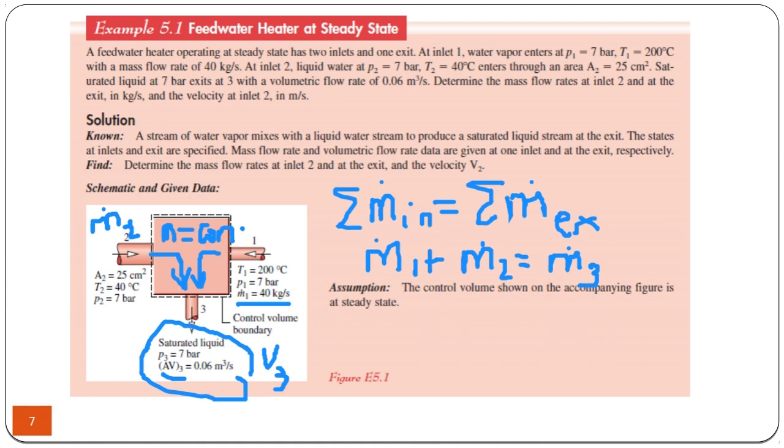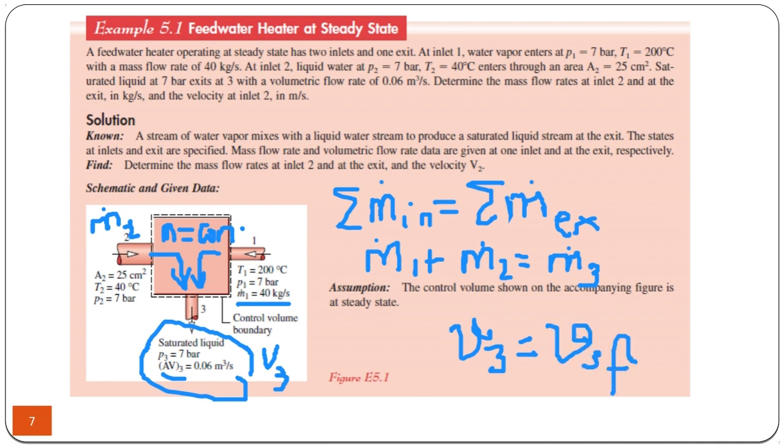You need to go to the saturated water table and read the value for specific volume, which is v3 equal to v3 f, because it says it's saturated liquid.